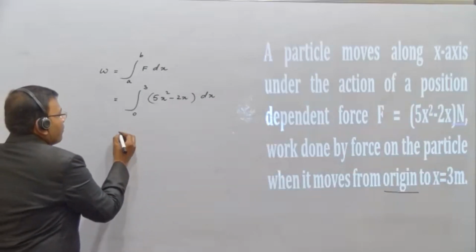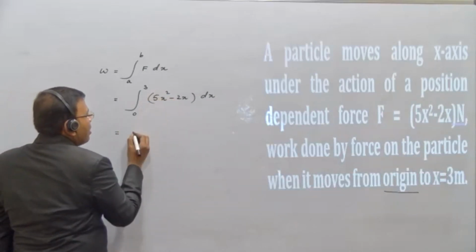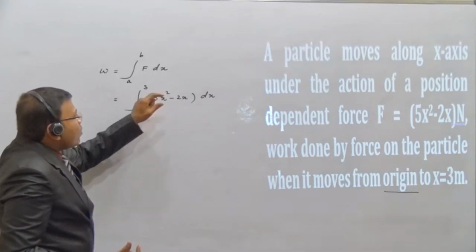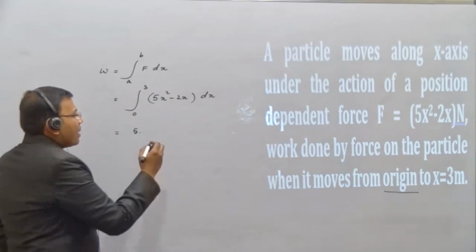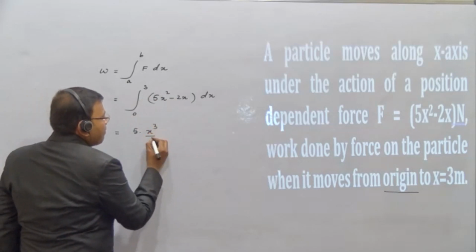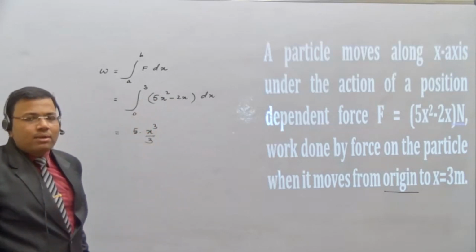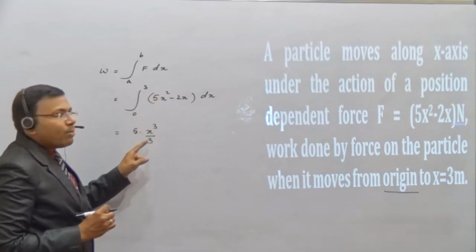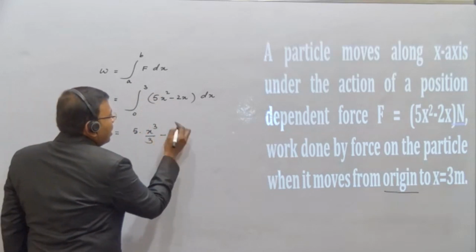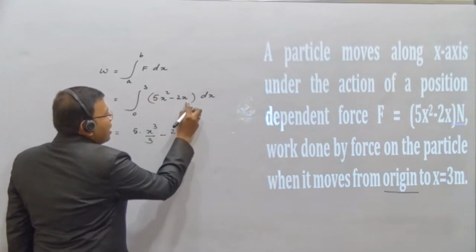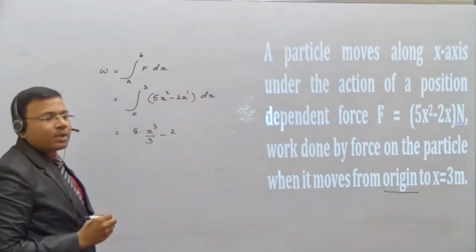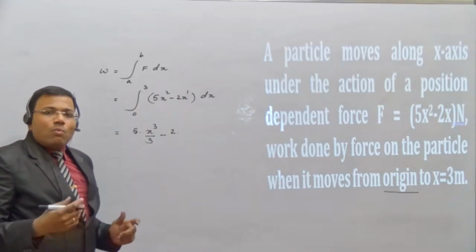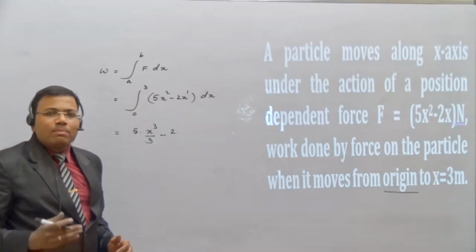Let us see. So if I go for the integration of this part, 5 as it is, no change, 5, because it is a constant. x square, integration of x square. Now I am writing directly, it is x cube by 3. How? x power n plus 1 by n plus 1 concept. So x cube by 3 plus, this is minus 2 as it is. 2x means x power 1. x power 1 plus 1 by 1 plus 1.